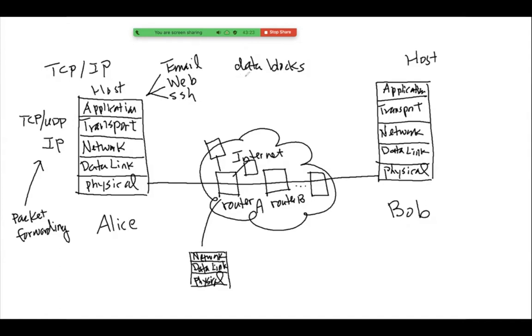So you get a bunch of data blocks. When a data block goes down to the transport layer, it is just one block, one data block, and this is called the payload. That is one block of application data.